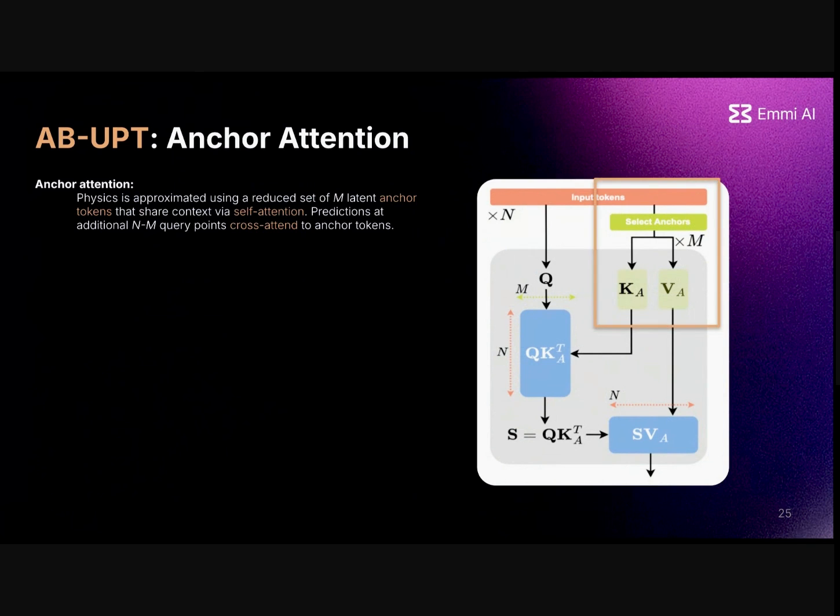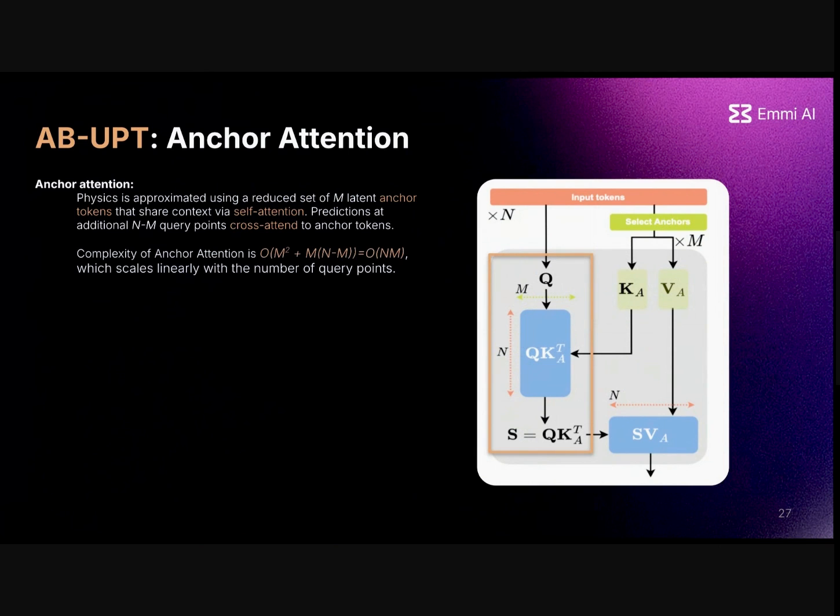And this results in the fact that the attention computation has only a complexity of the number of queries times the number of anchors, which reduces the complexity from n squared to n times m. And it scales linearly with the number of queries instead of quadratically, which drastically reduces the complexity we need for the attention computation.